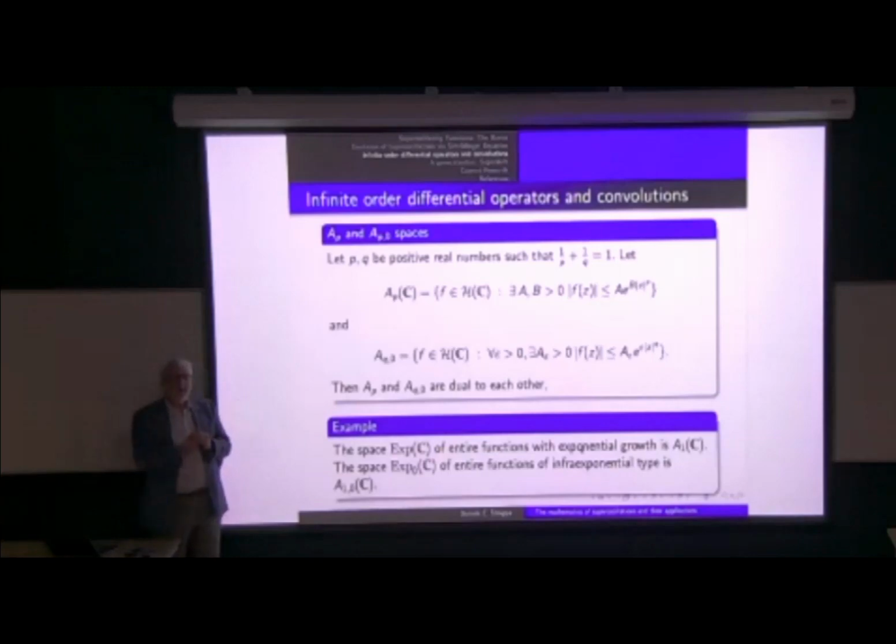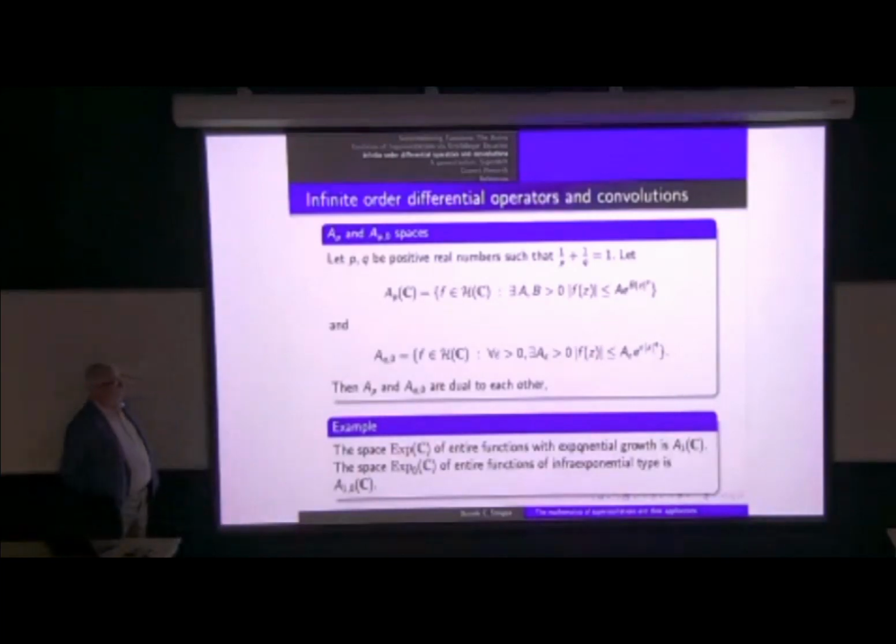The operators that we are looking at, on the other hand, will add some growth conditions because they don't grow in the way that we'd like them to. The symbols, the function P of i zeta, do not grow with the condition that would be necessary for it to become an analytic function. In fact, I mentioned before the infra-exponential type.